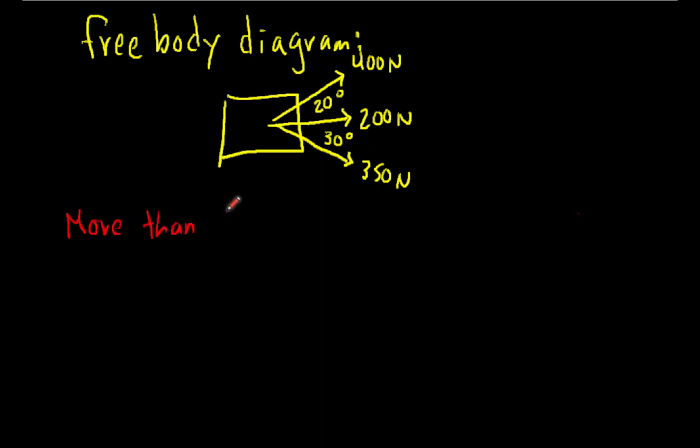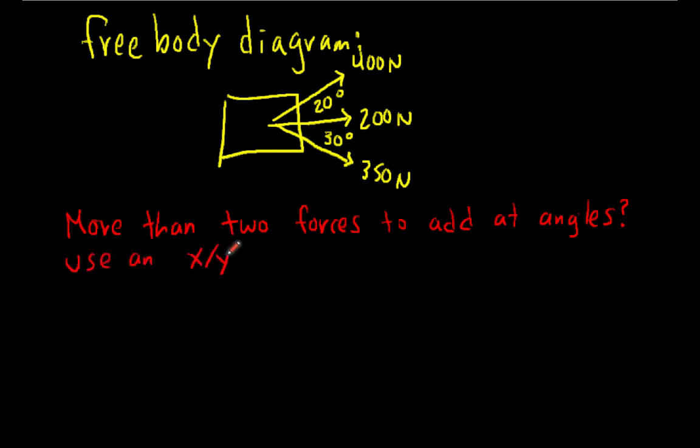There is more than 2 forces acting on this crate, and they're all at angles to each other. In this situation, when you have more than 2 forces to add at angles, the best way you can solve it is to use an XY table to keep your components organized.